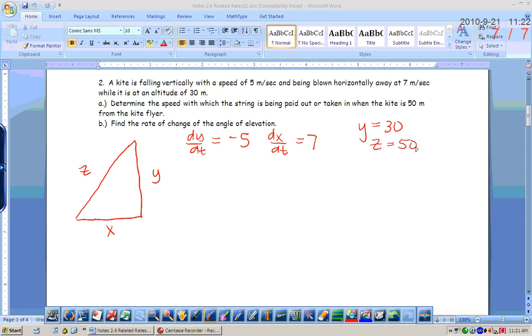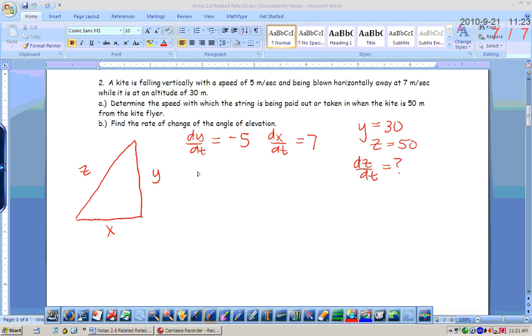Are any of my variables not changing in this problem? No, because it's being blown vertically and horizontally, and then it's asking for the speed at which the string is being paid out, so that's dz dt. So dz dt is obviously changing if it's asking for its derivative.